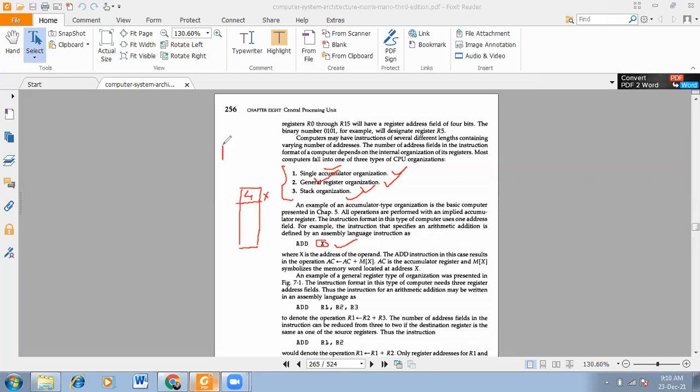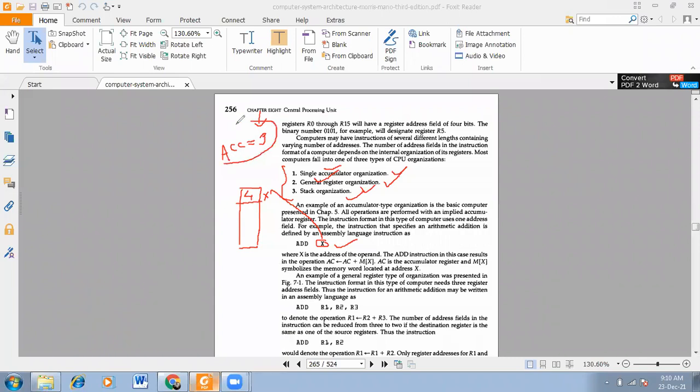Suppose accumulator में कुछ है, मान लो that is 3. So initially accumulator having 3 value and at the address you are giving 4. So 3 plus 4 is 7. So where X is the address of the operand, this add X means this is the address. So accumulator 3 है तो क्या होगा?